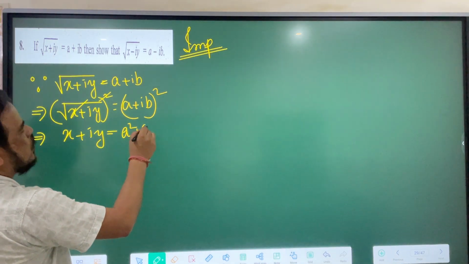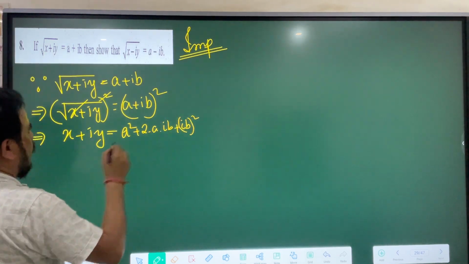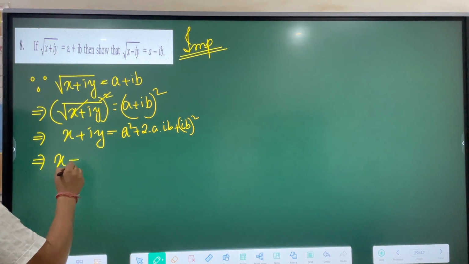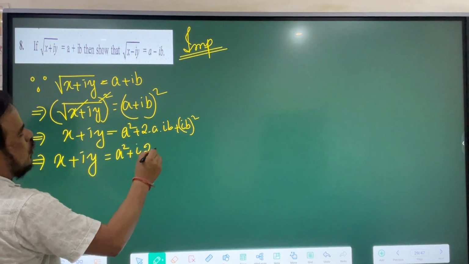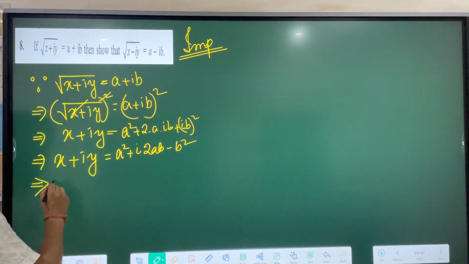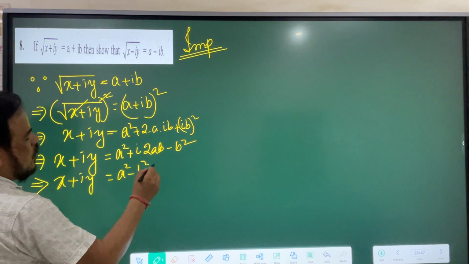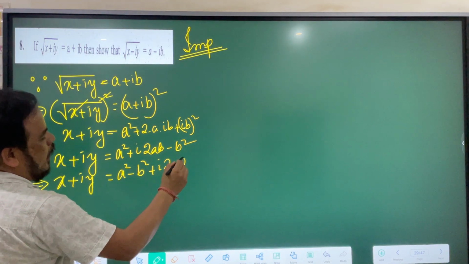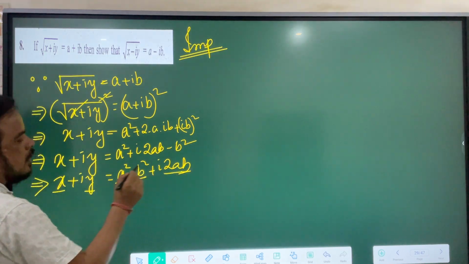a square plus 2ab plus b square, x plus iy; a square plus i 2ab minus b square, x plus iy; a square minus b square, i 2ab. Now it is clear: real part, imaginary part.